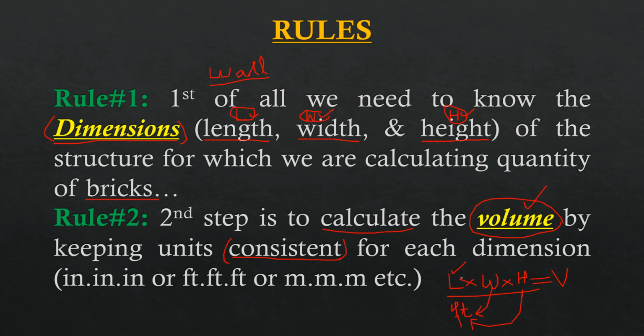This is the consistency of units: all three values L, W, and H must have the same units. If L is in feet, then W must be in feet and H must be in feet. Then we have a simple formula to calculate the number of bricks.